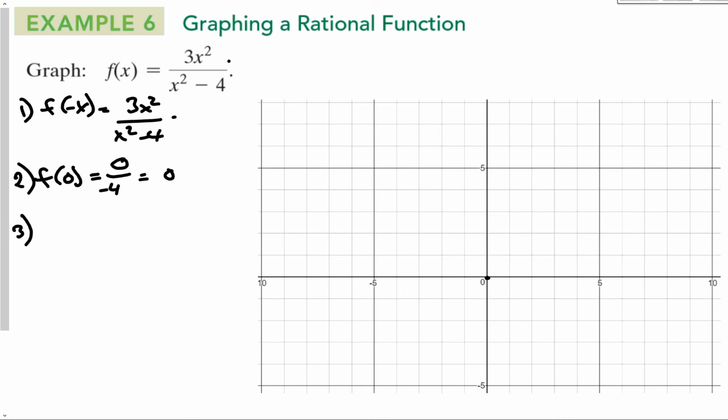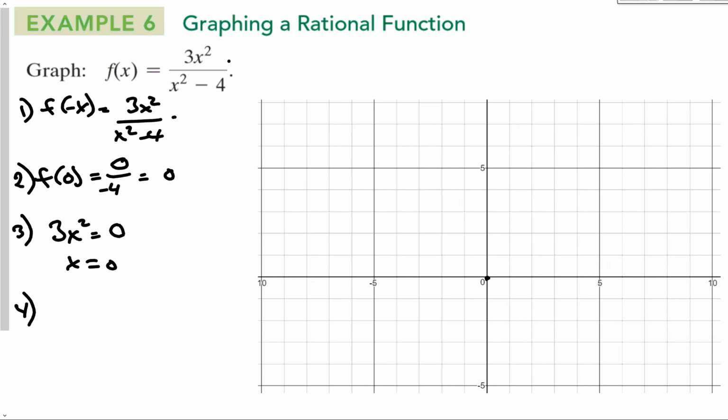Step 3, x-intercepts. So we're going to set the numerator equal to 0. I was thinking about asymptotes. Okay, we'll do that next. Divide out 3, we get x is equal to 0. Okay, which is pretty clear right there since the graph passes through the origin.